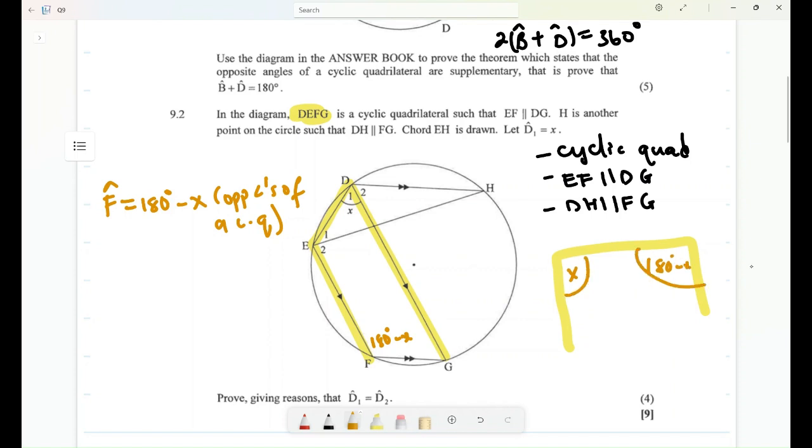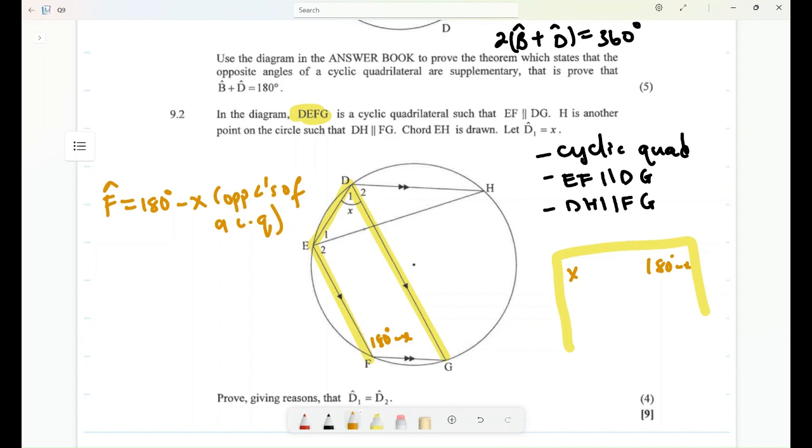When I add this and this, they should be equal to 180. Yes, this is x. It means angle EF will be equal to 180 also, minus x. Can you see that?